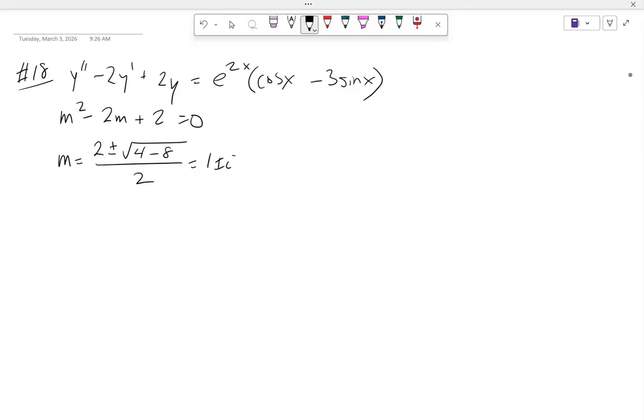Okay, so what does the homogeneous piece of our puzzle look like?